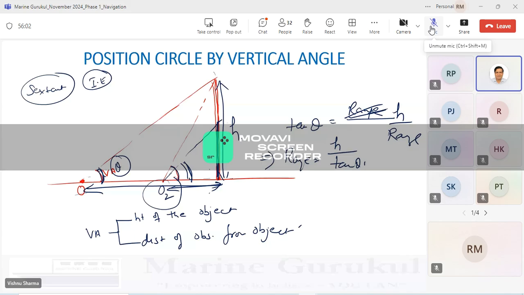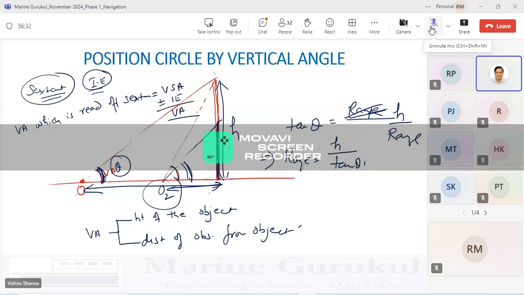It will give you the angle as you read on the sextant, and that will have the component of index error in it. So the vertical angle which you read off the sextant is called vertical sextant angle. When this vertical sextant angle is corrected for the index error, it becomes the vertical angle.